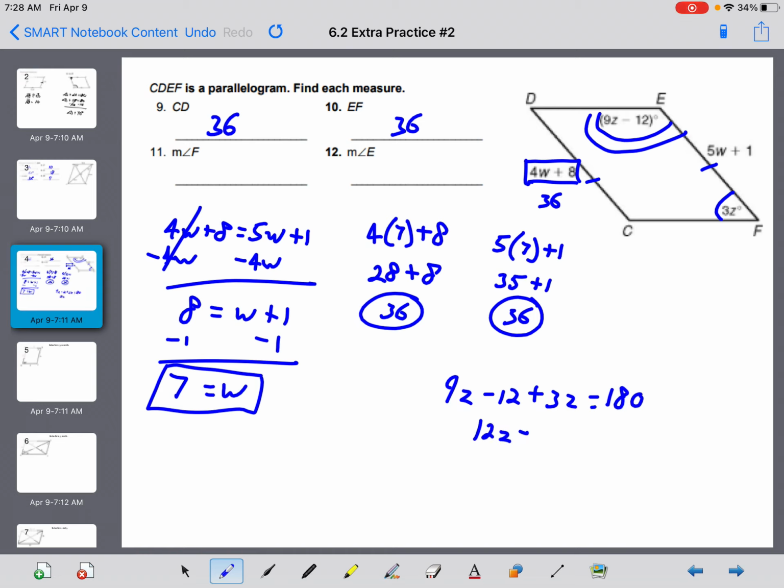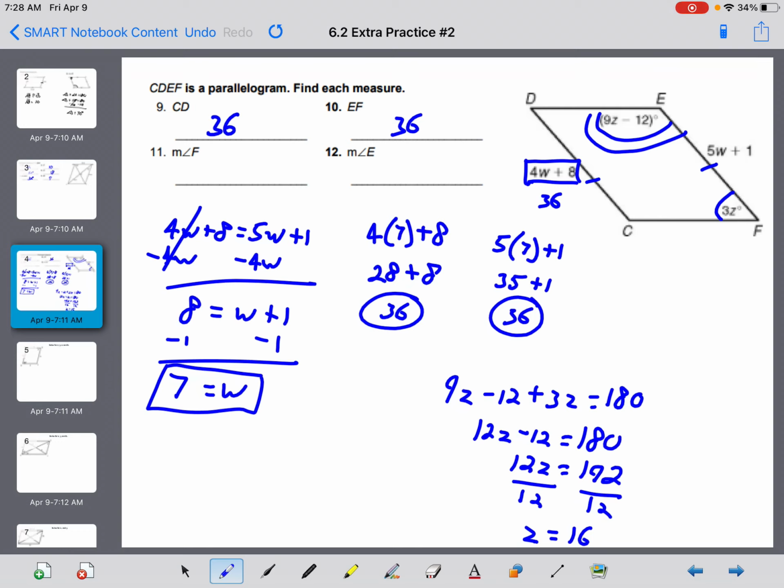So here we have 12z minus 12 equals 180. 12z equals 192. And then we need to take that and divide both sides by 12. So 192 divided by 12 is 16. So the measure of angle Z is 16.